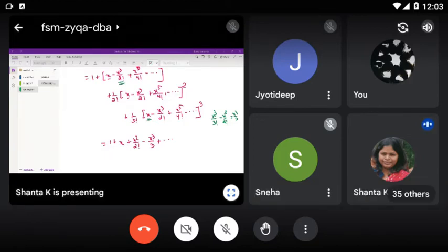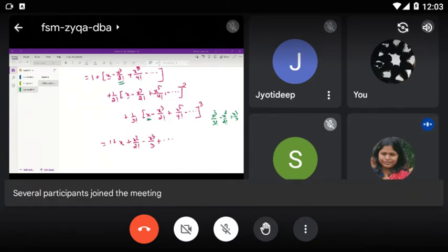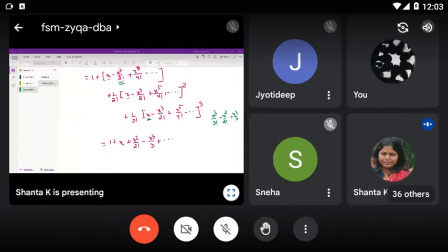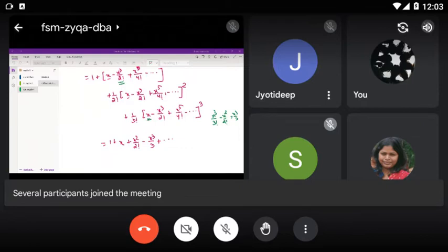Then we have curvature, I think. Curvature, or concavity and convexity. Any idea about concavity and convexity? Anyone knows anything?